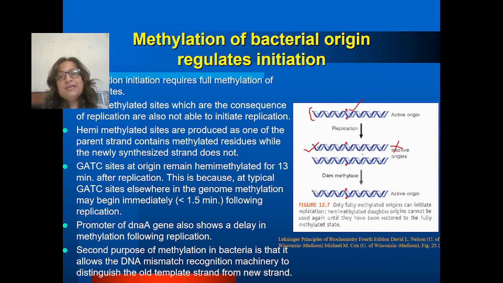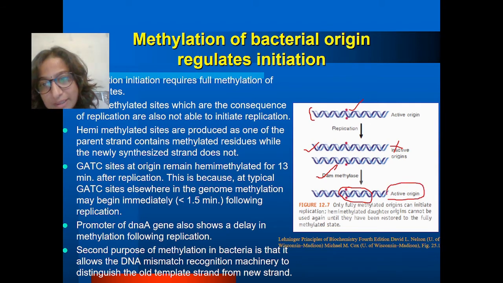To initiate replication, again the DAM methylase enzyme will come and methylate all the target sites, and then only you will get an active origin. Active origin means all the target sites are methylated. Both the strands of DNA are fully methylated.